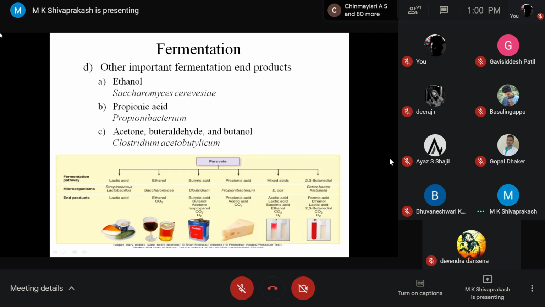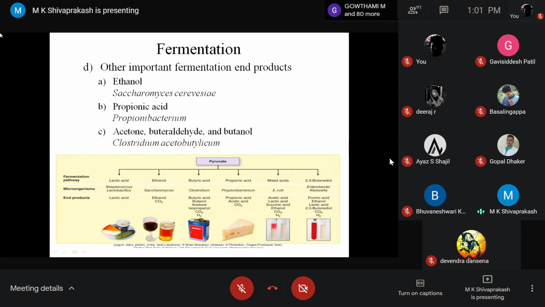Then, to give you some of the important things, the importance of these fermentative organisms: of course, ethanol production by Saccharomyces cerevisiae, or propionic acid production by Propionibacterium. One of the species, Propionibacterium shermanii, is used in the preparation of Swiss cheese, with characteristic eyes and the propionic acid flavor, which is actually seen in Swiss cheese, a class of cheeses.